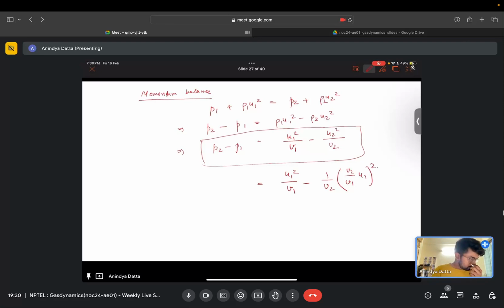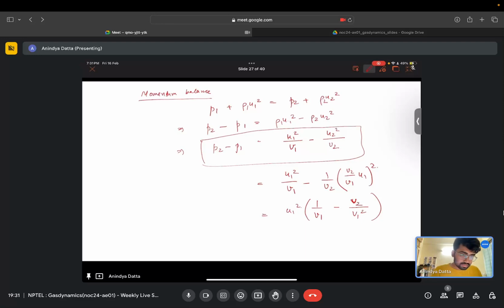So what will we get here? u1 square, 1 by v1 minus v2 by v1 square.